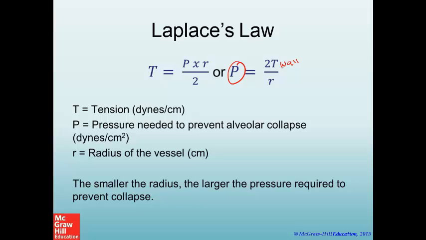Now, you generally don't have any control over the tension. That would be a pathophysiological process, reduction or increase in wall tension. But you do have control over the radius.